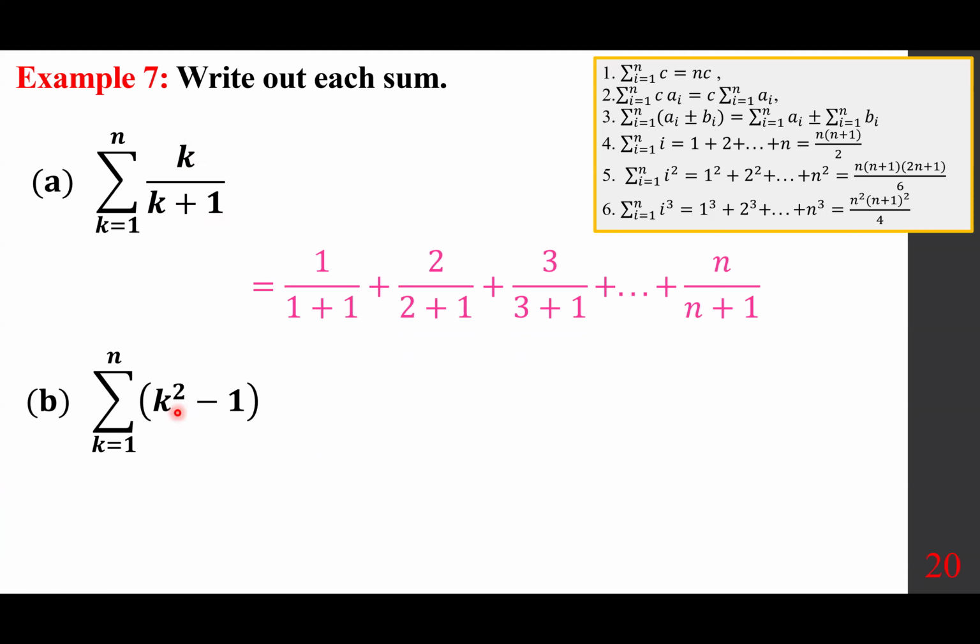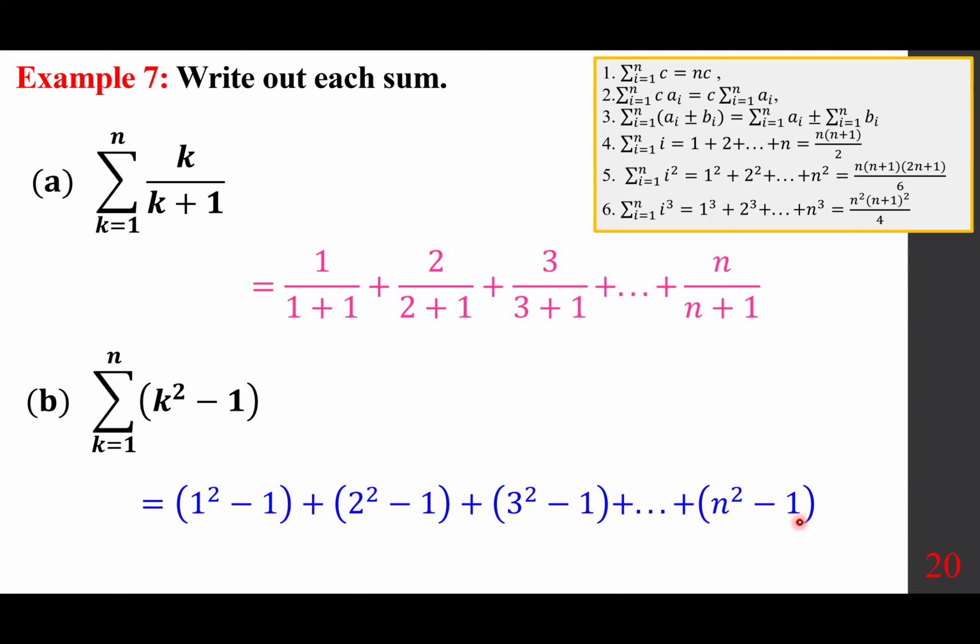What about this one? You're going to write 1 squared minus 1, 2 squared minus 1, 3 squared minus 1, 4 squared minus 1, all the way to n squared minus 1. Of course, this can be evaluated easily, but eventually you stop.